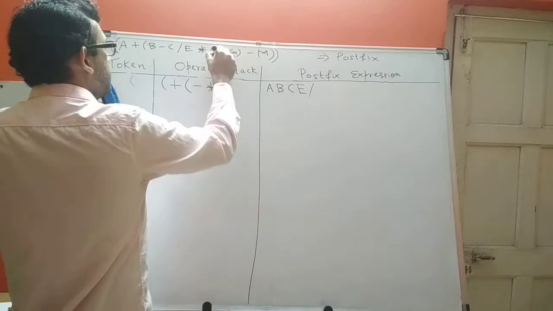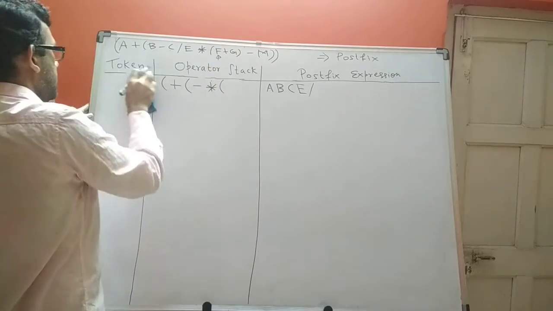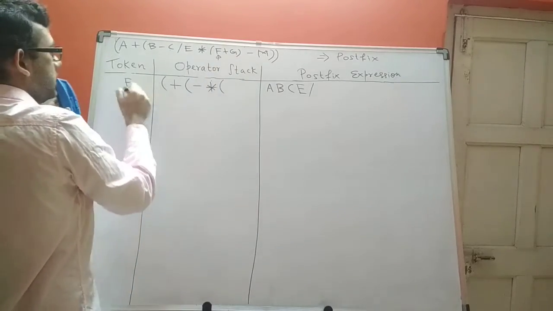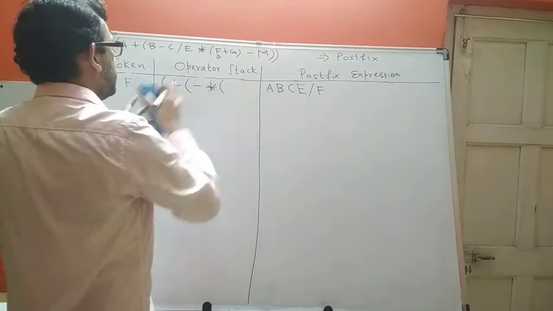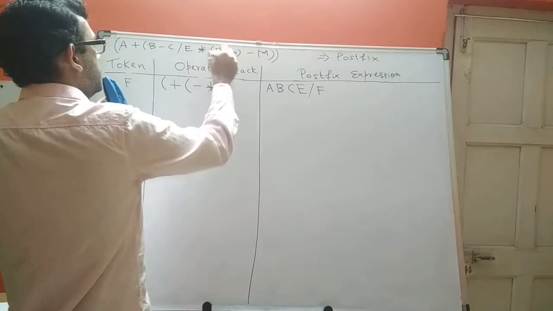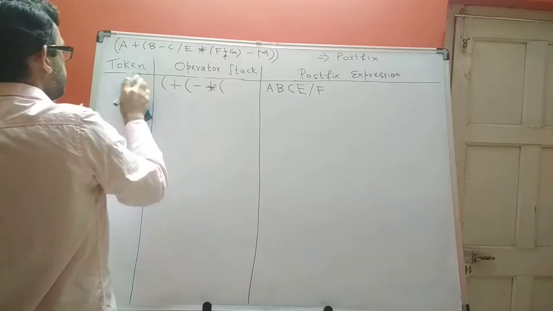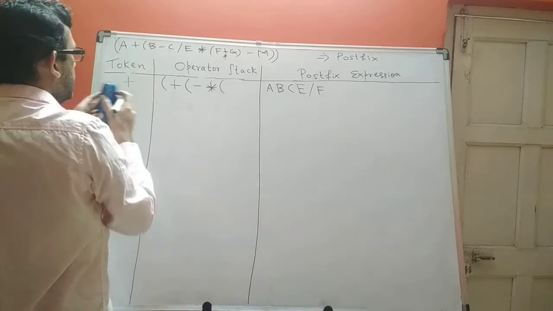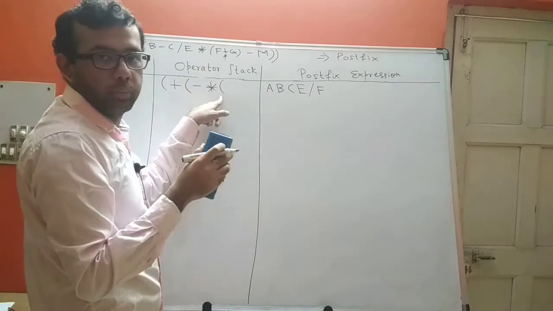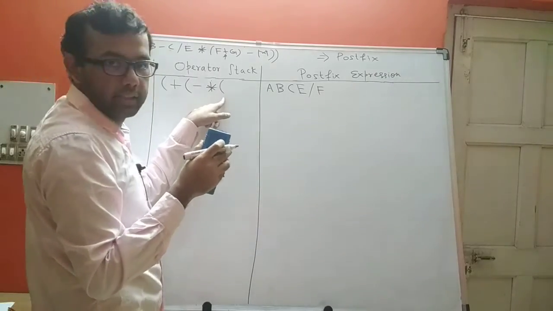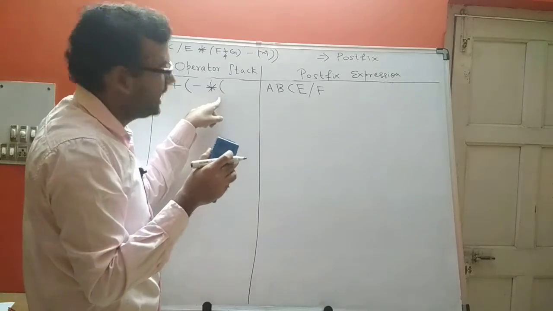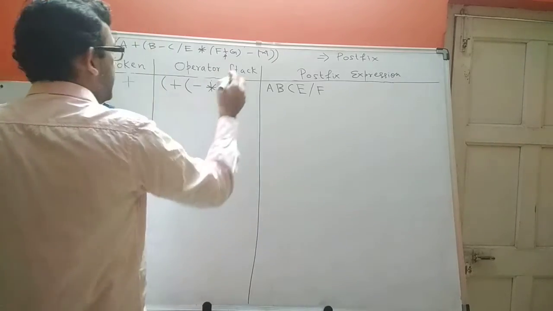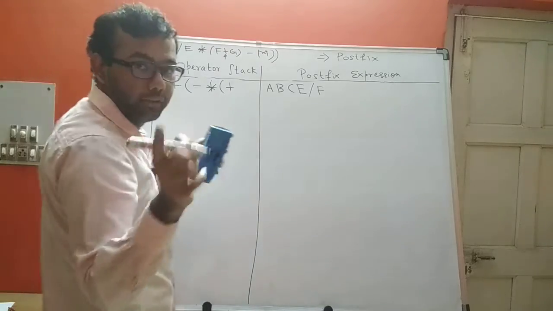Next you have F. F is your token, so F will be added to the output because it is an operand. Next token is plus. Now plus has greater precedence than opening parentheses because opening parentheses is currently your top of stack, and when opening parentheses is your top of stack, it has the lowest precedence. I'll keep on repeating this point so that you never forget.